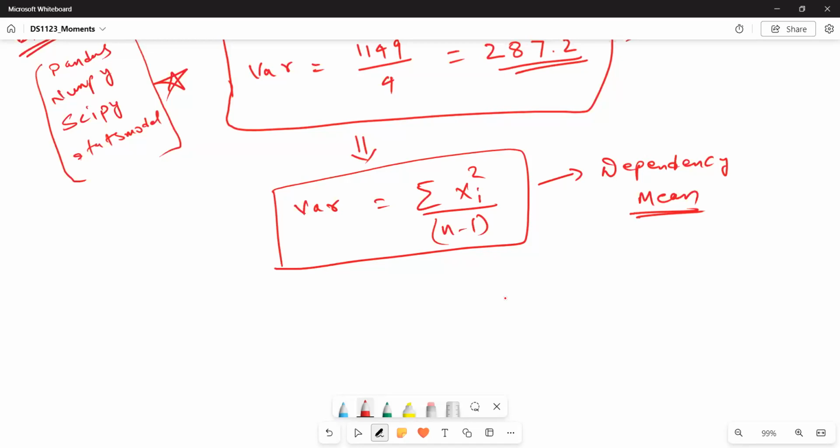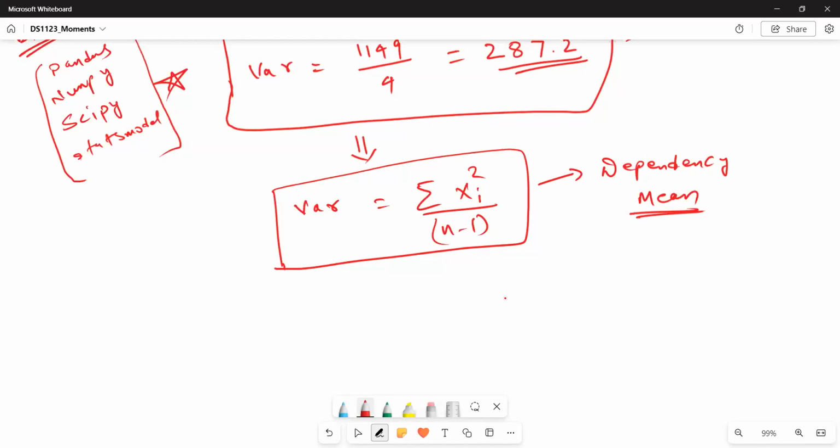All right. So what we'll do is we'll again process this formula and make it independent of the mean of the data. And how can this be done?